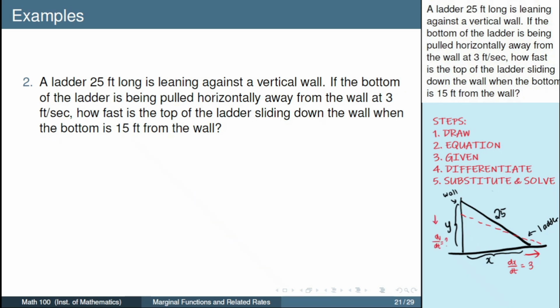Sa y, hinahanap nga natin kung gaano kabilis is the top of the ladder sliding down the wall. So, we're talking about the change in y. Ang hinahanap natin ay yung dy over dt. And you should expect that that will be negative because you're sliding down. Okay? So, that will be the direction of your y. Okay? So, this will be the illustration of our problem, which is also this one here.